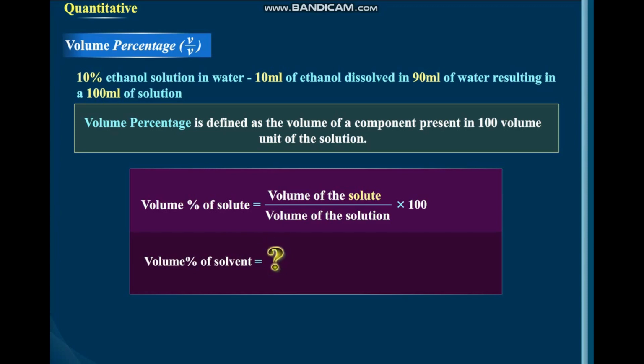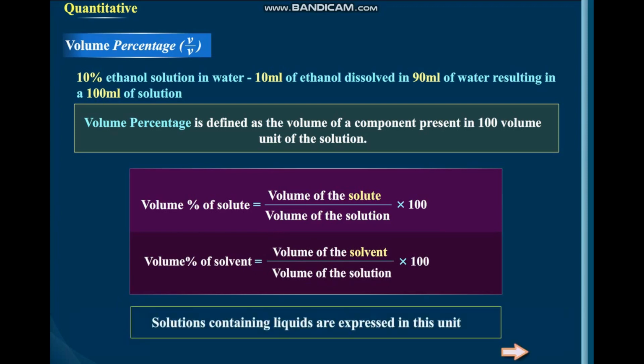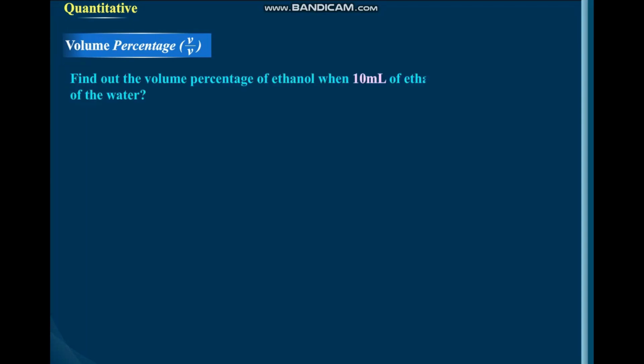Volume percent of the solvent would be volume of the solvent divided by volume of the solution into 100. Solutions containing liquids are expressed in this unit. That is, volume by volume percentage is used when the solute and solvent are both liquids.